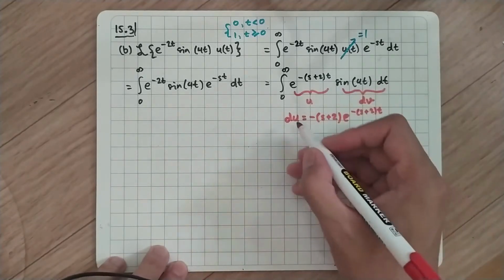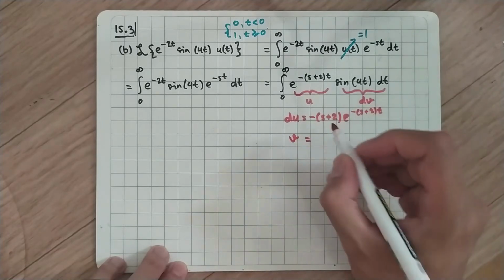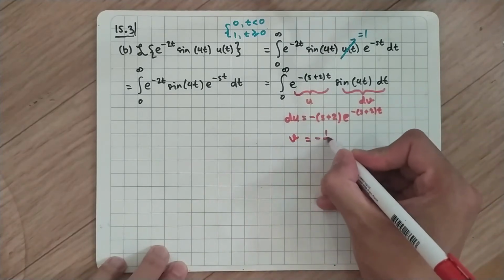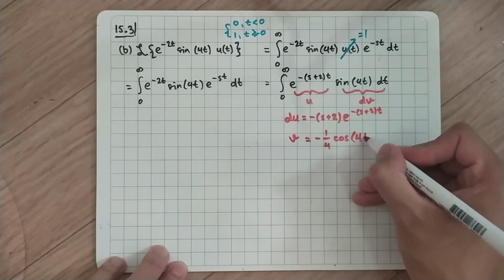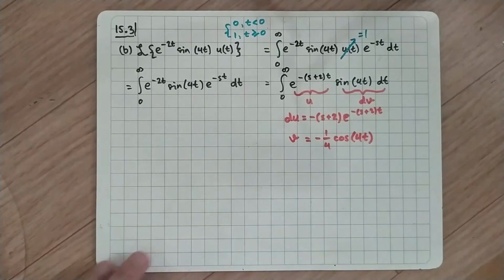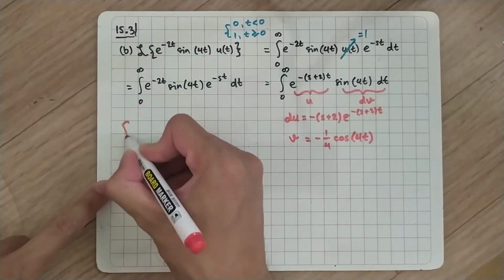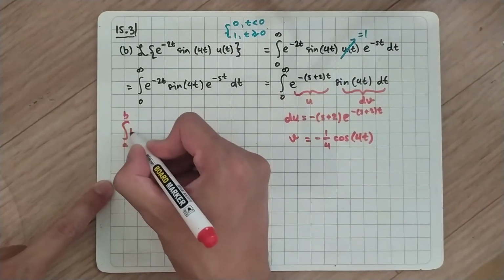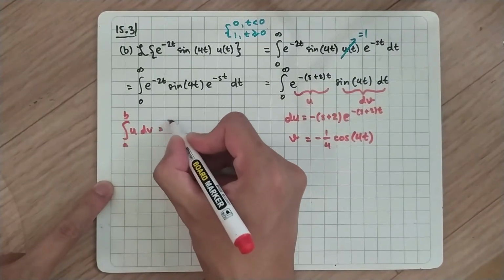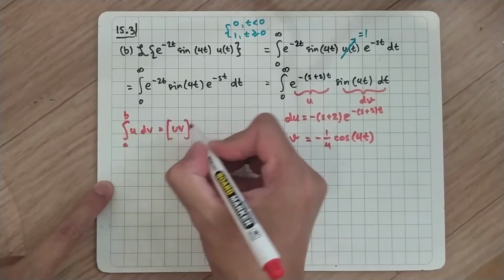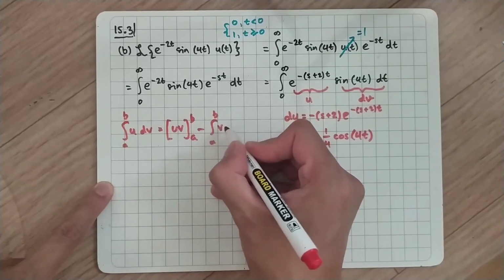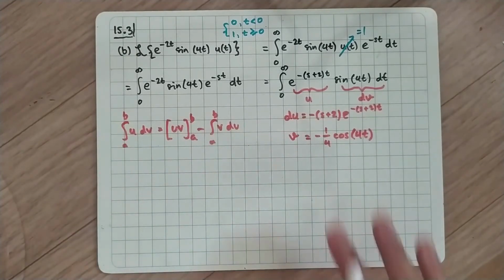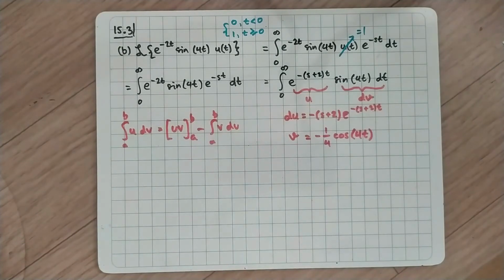And our dv is here, so we need to integrate that, and we will have minus 1/4 cosine of 4t. Okay, and we can now plug into the integration by parts formula. So the integral of u dv is equal to uv minus the integral of v du. So this is the formula, and we can plug this into this formula.